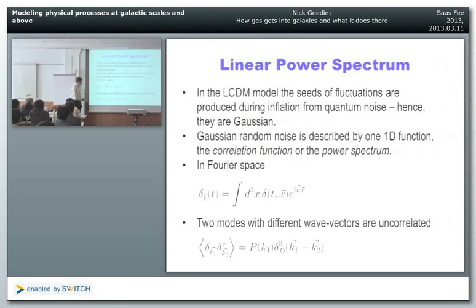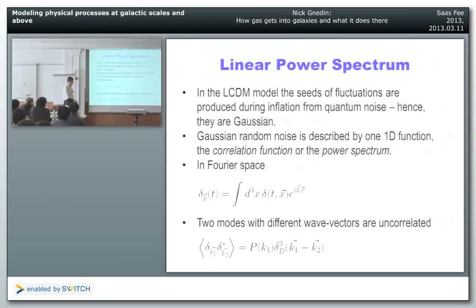If I go into Fourier space, which is convenient in all linear analysis, not only in cosmology but in any field, and I take delta and Fourier transform it into delta sub k, then the Gaussian random field means that if I have two modes with two different wave vectors k, they are not correlated.